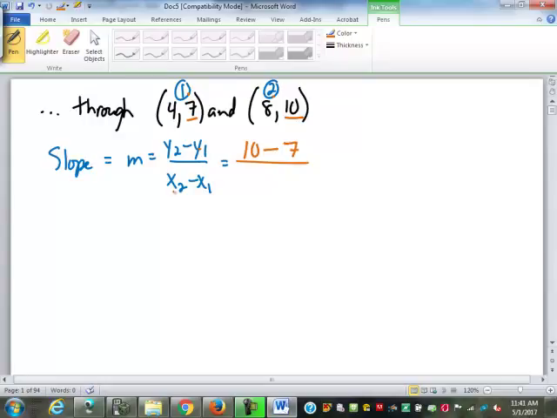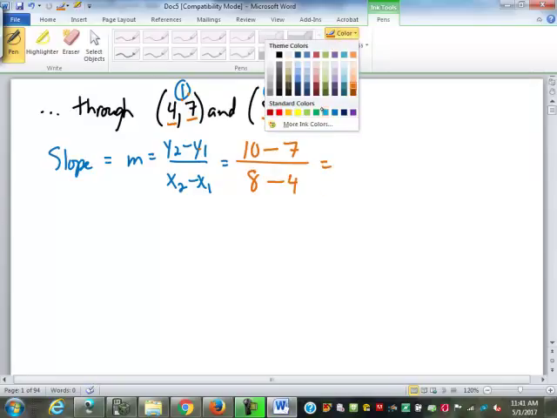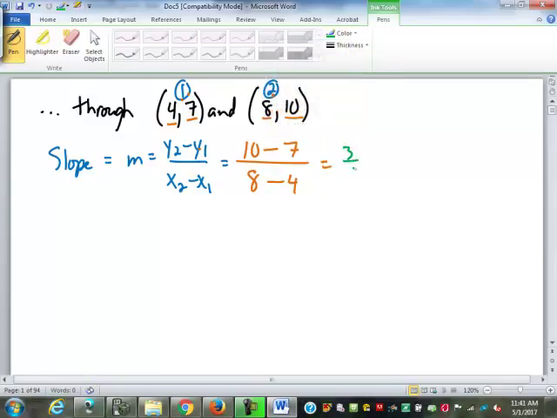So then on bottom, x2, point 2, x coordinate is 8, minus what's x1 going to be? Point 1, x coordinate is 4. So we subtract 10 minus 7 gives us 3. 8 minus 4 is 4. We got a slope of 3/4.